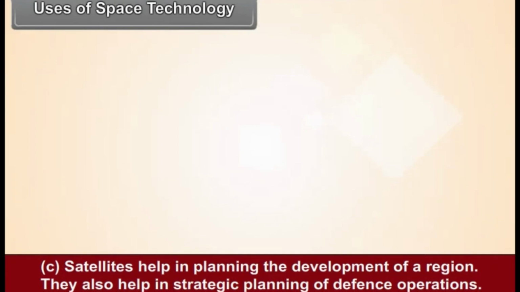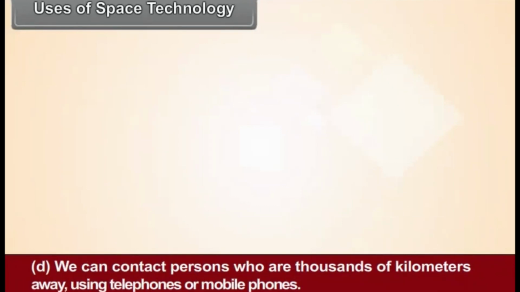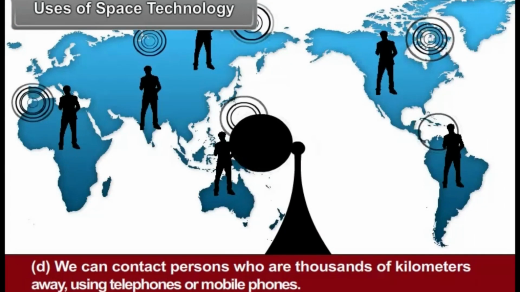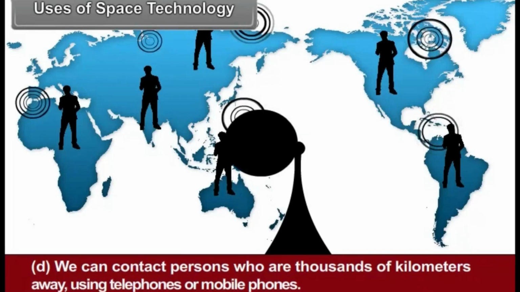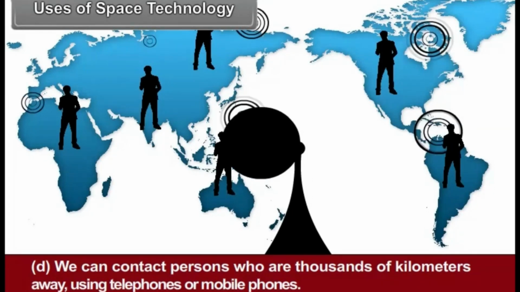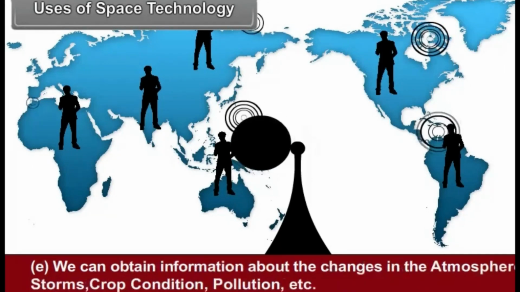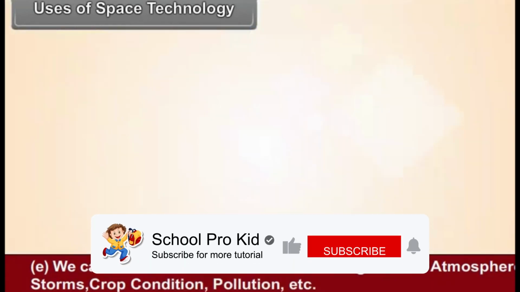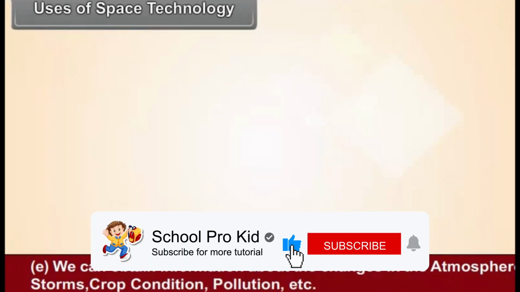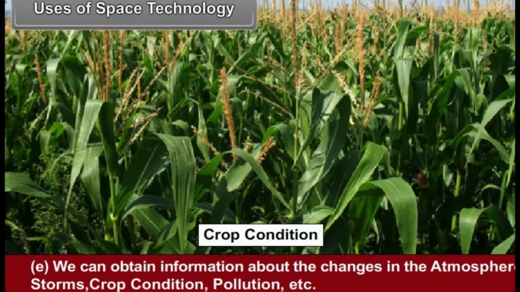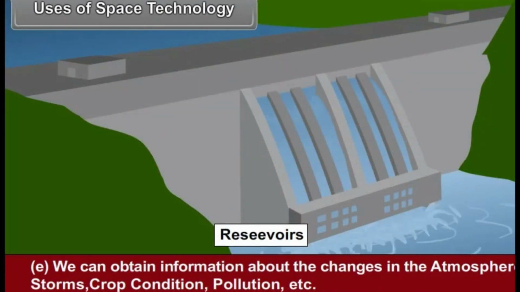They also help in the strategic planning of defense operations. D. We can contact persons who are thousands of kilometers away using telephones or mobile phones. E. We can obtain information about the changes in the atmosphere, storms, crop conditions, reservoirs, pollution, etc.